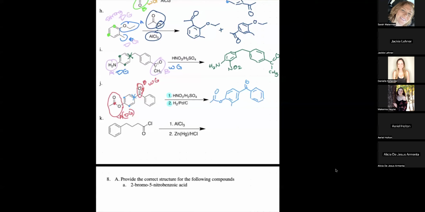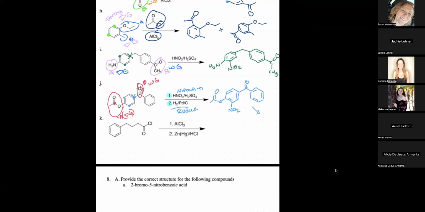Okay, so we're adding the NO2, well, not anywhere, either of your ortho positions, I should say. And then the second step is what? We did this earlier. What does this reagent do? It changes it to NH2. It's a reduction reaction, right?